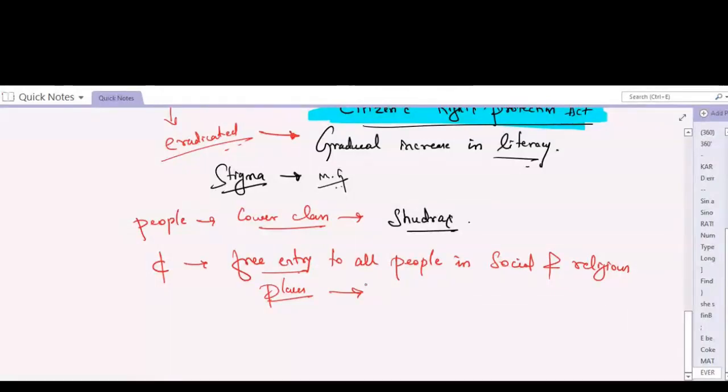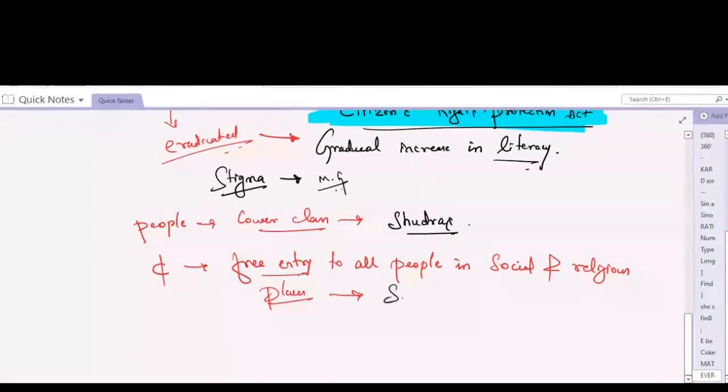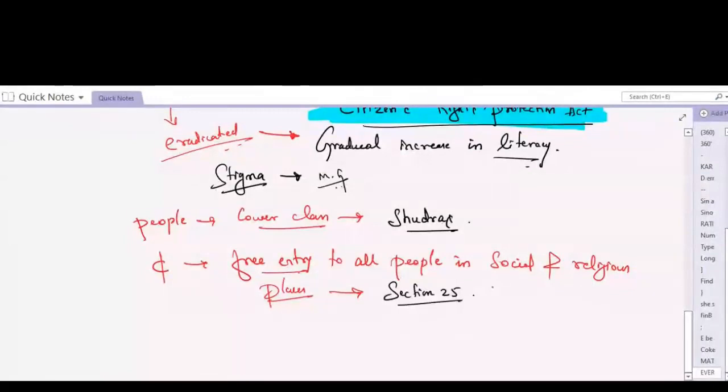Every person, irrespective of any religion, can go to any religious place. It's a free entry, anyone can go. Which section gives this right? Answer is section 25.